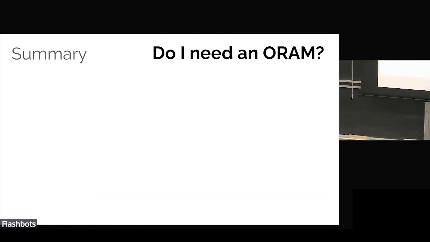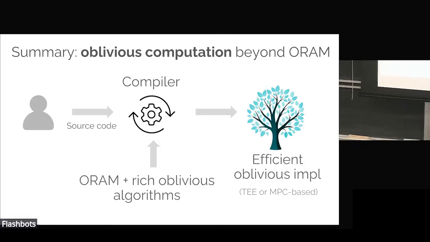Okay. So just to quickly summarize what I talked about, do I need an ORAM? I talked about this idea of using a compiler, right? At the bottom, we have a suite of rich Oblivious algorithm building blocks, not just ORAM, but also Oblivious algorithms for many other primitives.